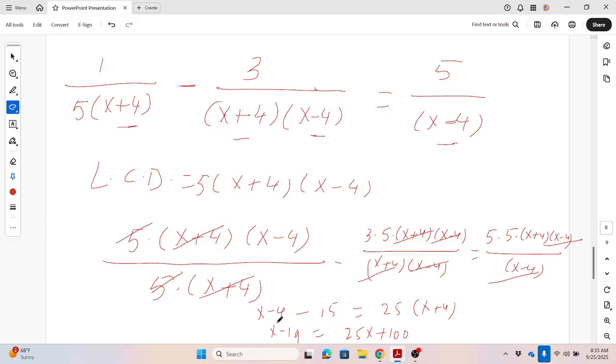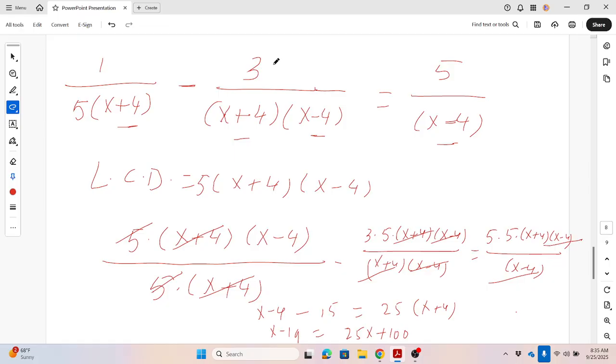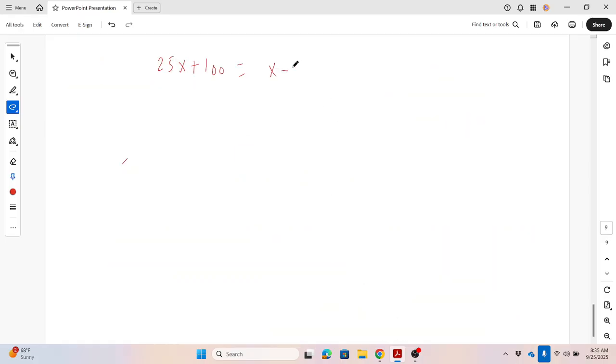So now solving means just bring x to the other side and this 100 to this side. So let me just rewrite this equation. I can write down the right side to the left: 25x plus 100 equal x minus 19. I can switch the side, that's okay. A equal b also means b equal a. I can change the sides and they are the same thing.